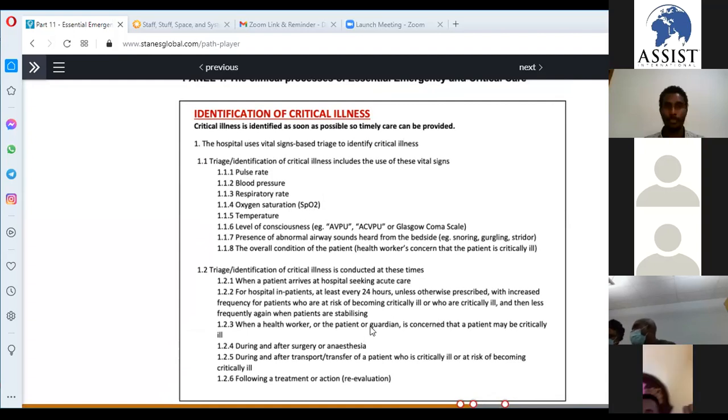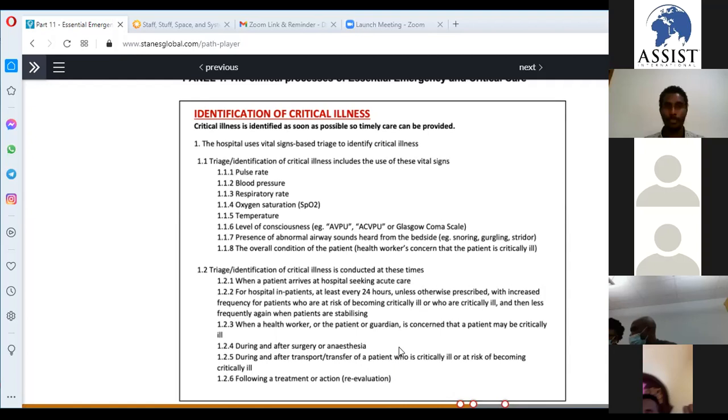And also patients in the hospital or in the general ward need to be evaluated at least every 24 hours, and you might increase this frequency depending on the patient's clinical condition.